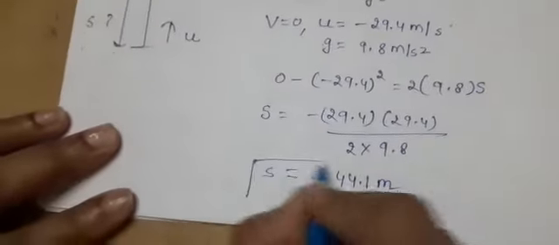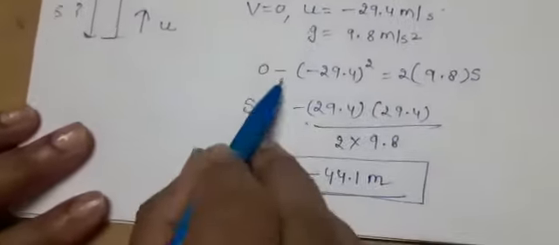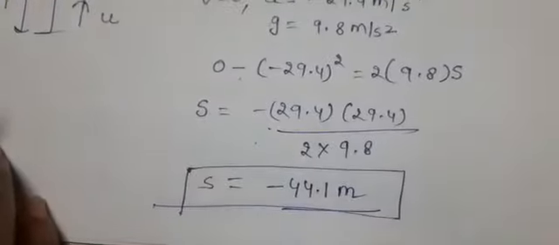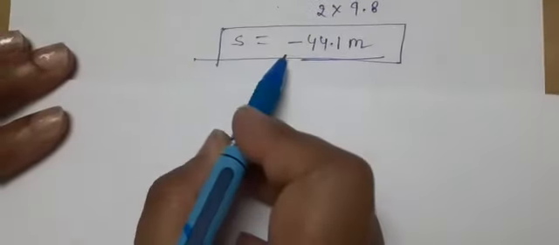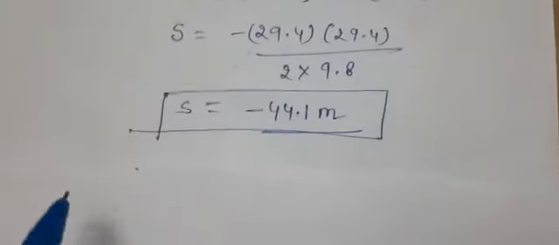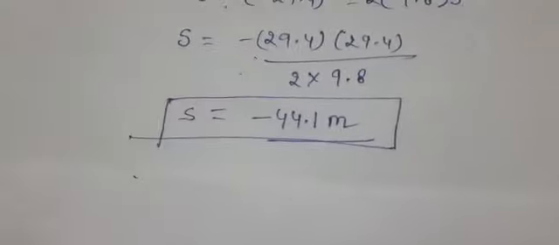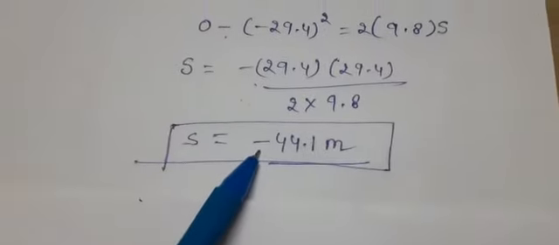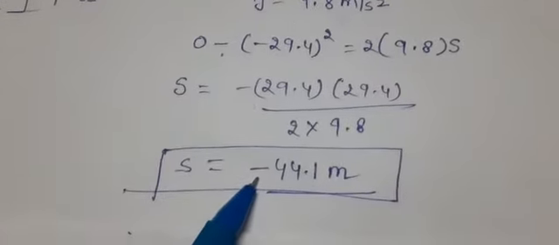You can check it, the negative sign will be there. The negative sign indicates the distance is covered in the upward direction, the body is moving upward, so it is opposite to the convention chosen, so displacement is negative.